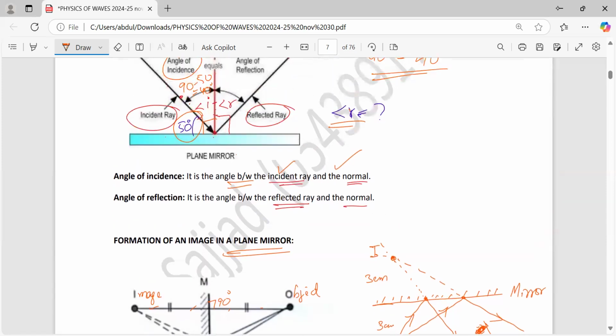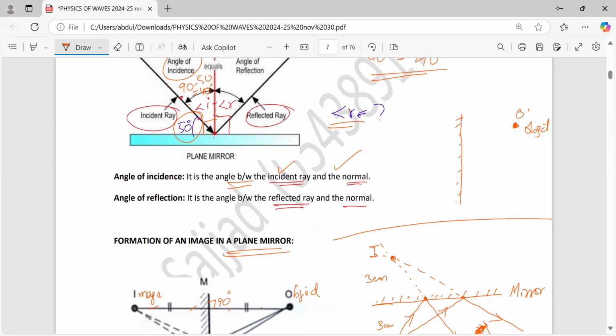Please, be attentive. Now I'm making the mirror like this, a vertical mirror this way. And let's suppose this side is again polished, and here this is O for object. If this object is 3 centimeters, I will mark here at a distance of 3 centimeters the image, even before doing anything.